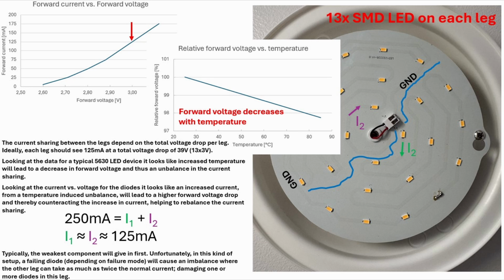When one LED device gives up, it will cause an imbalance in the current sharing, which will cause more failures because the imbalanced load will be carried by the other devices. And if you have a complete failure of an LED device, then the full 250 milliamp will run through one of the legs, severely damaging the other LED devices, which could give you even more damage.